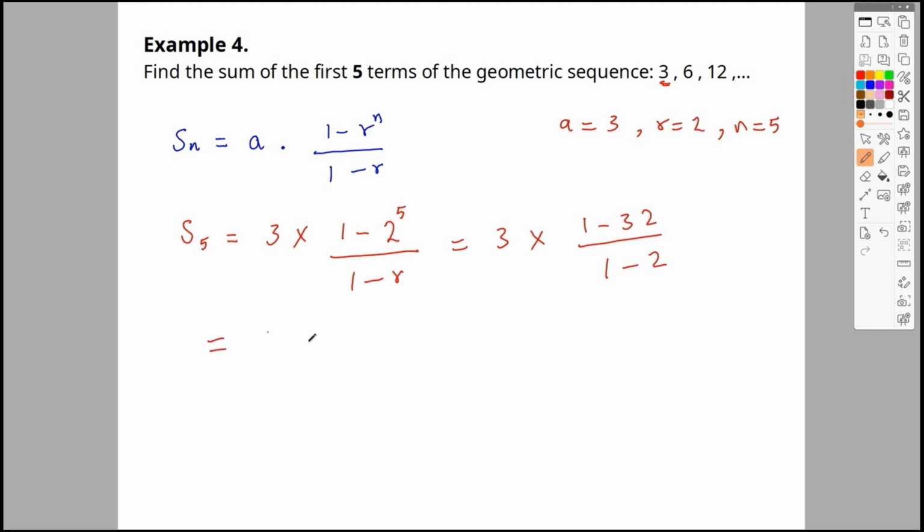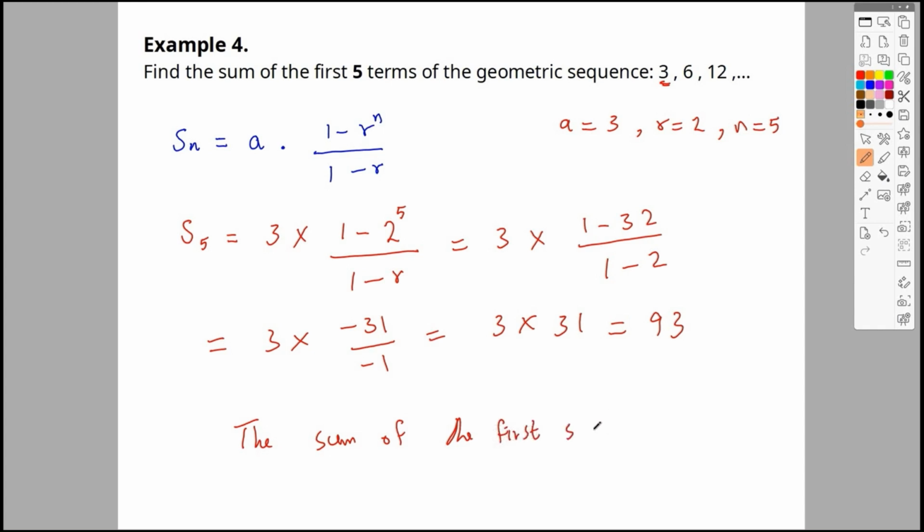So 1 minus 32 is negative 31, over 1 minus 2, which is negative 1. So that means 3 times, negative over negative is positive, 31. And this equals 93. So the sum of the first 5 terms is 93, and we are done here.